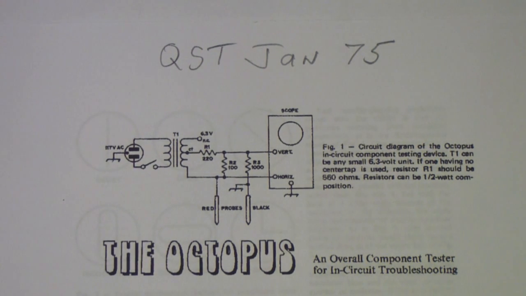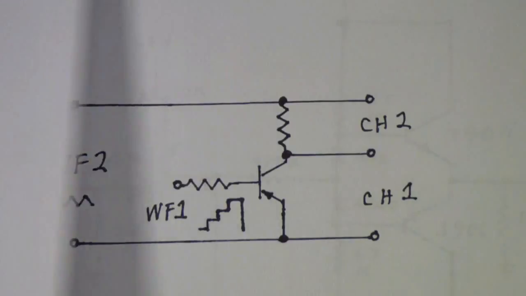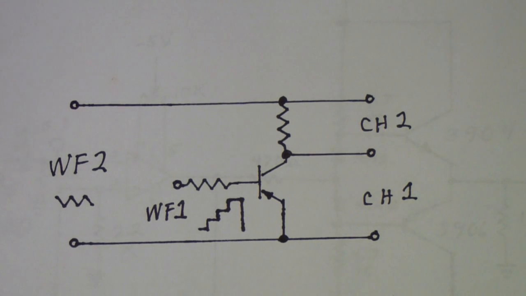And this was originally developed by a technician in the U.S. Navy for troubleshooting electronic equipment on board ships in the Navy. But it proved so useful and so popular that it was later published in QST as the Octopus, and there are, I don't know how many designs of the Octopus out there, but there must be at least hundreds, if not thousands.